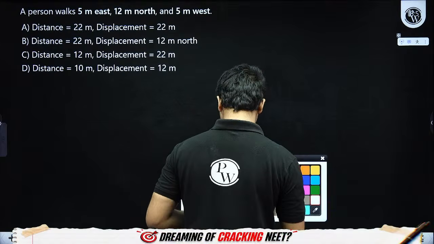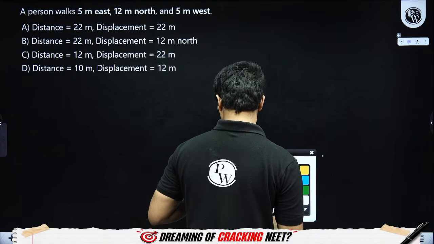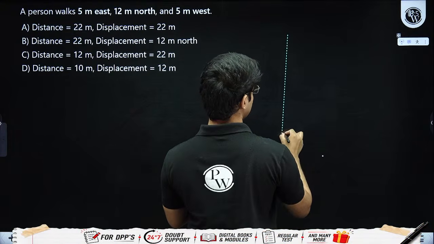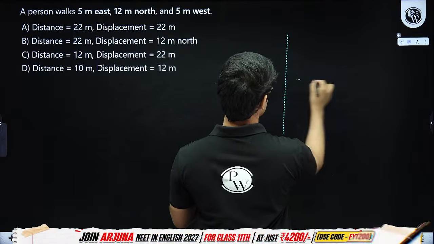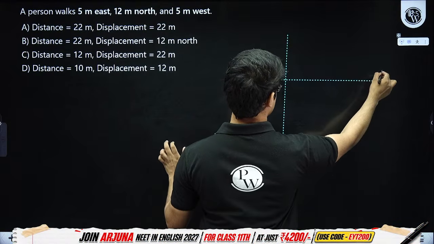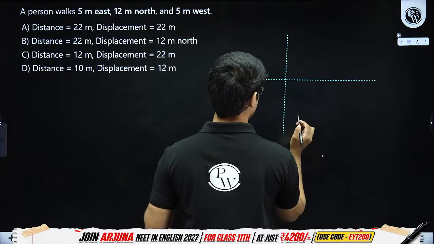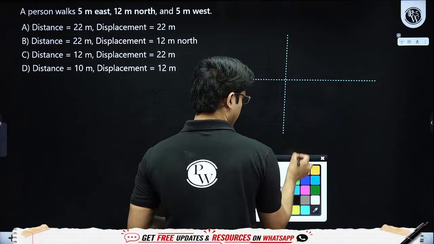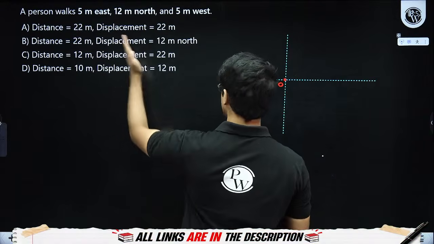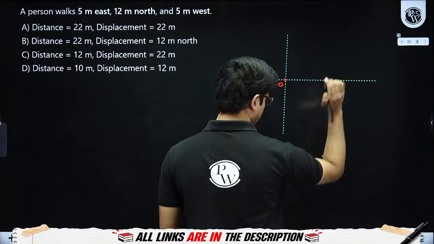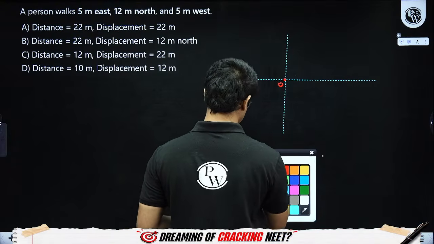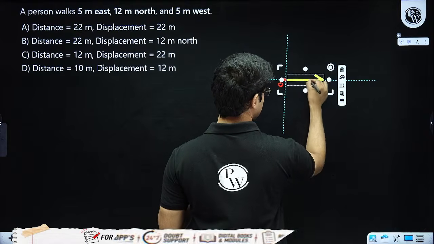Okay, so in these questions, you can also draw the XY axis. Okay, this is the Y and this is the X. And he starts from the origin, let's say. He moves 5 meters to the east. East, I am saying it is along the X direction. So the first displacement is 5 meters to the east.